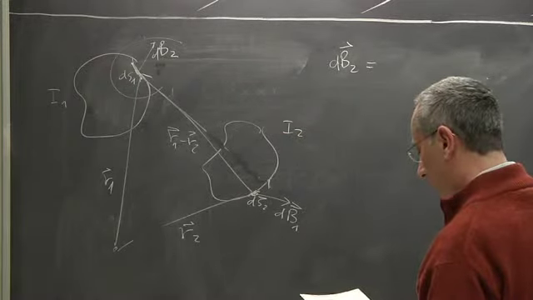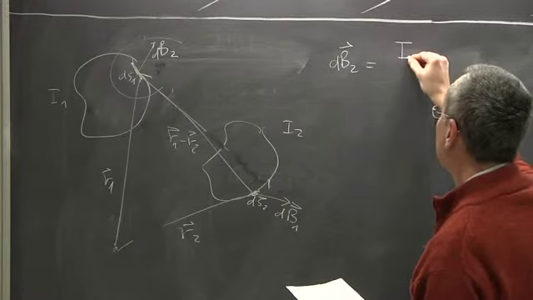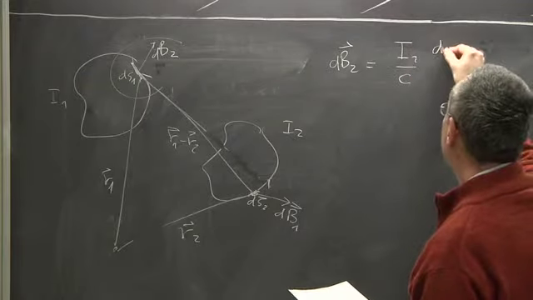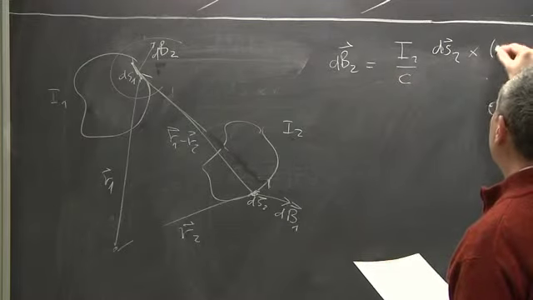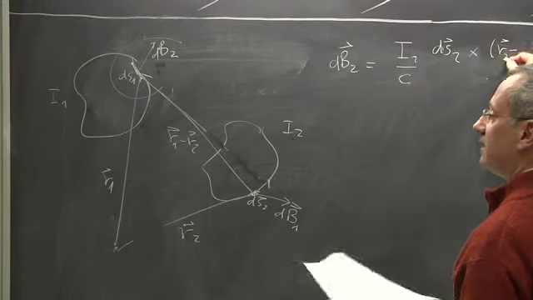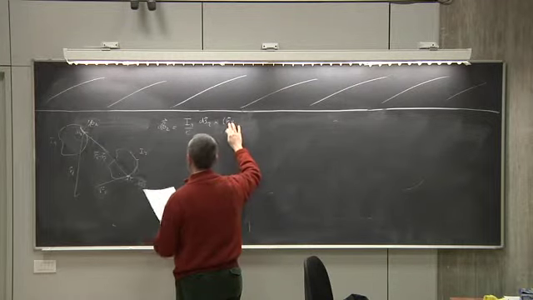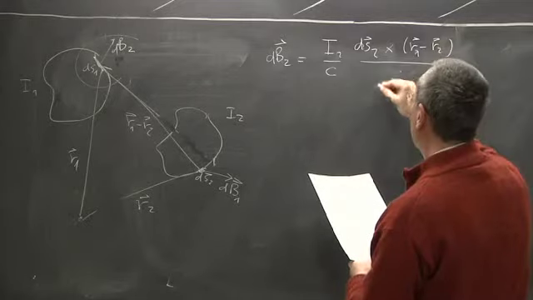So let's do that. So what is the B field? Well, this we already computed. It's just I2 divided by C in Gauss units, then ds2 cross the distance that in this case is R1 minus R2 divided by the cube.